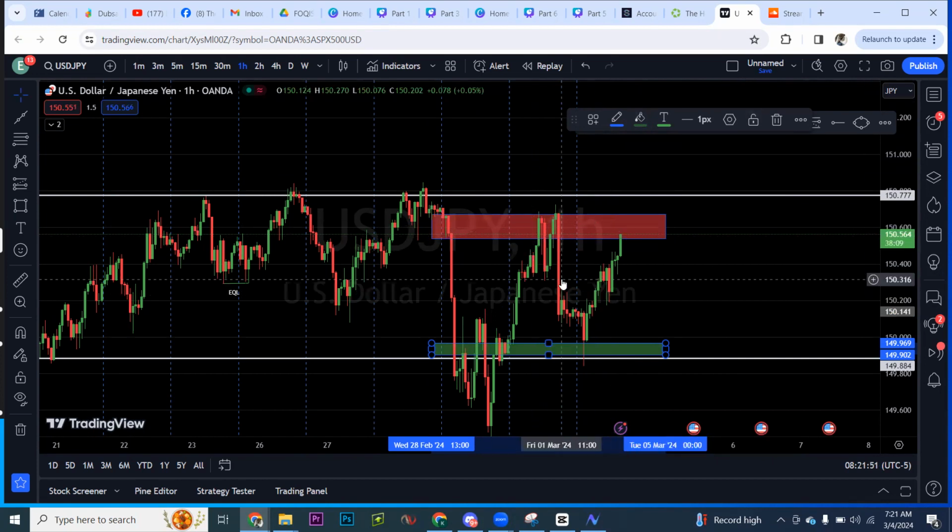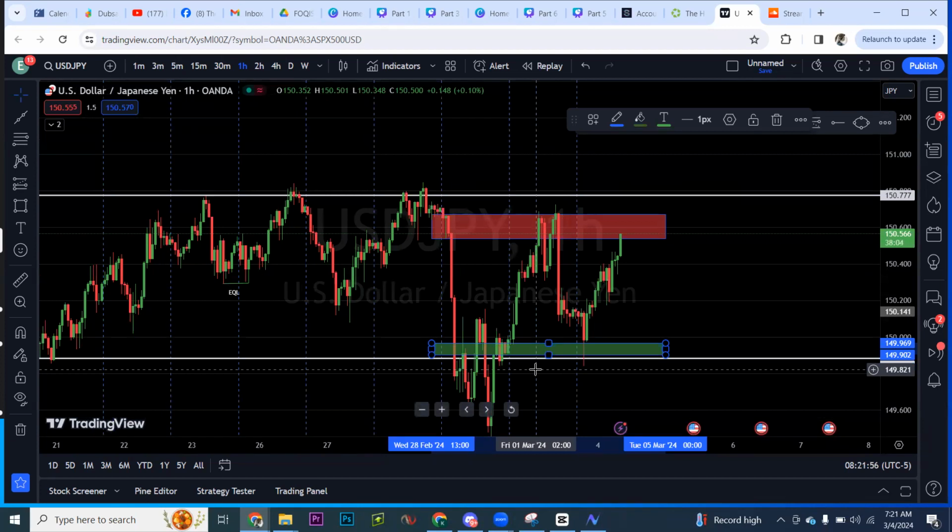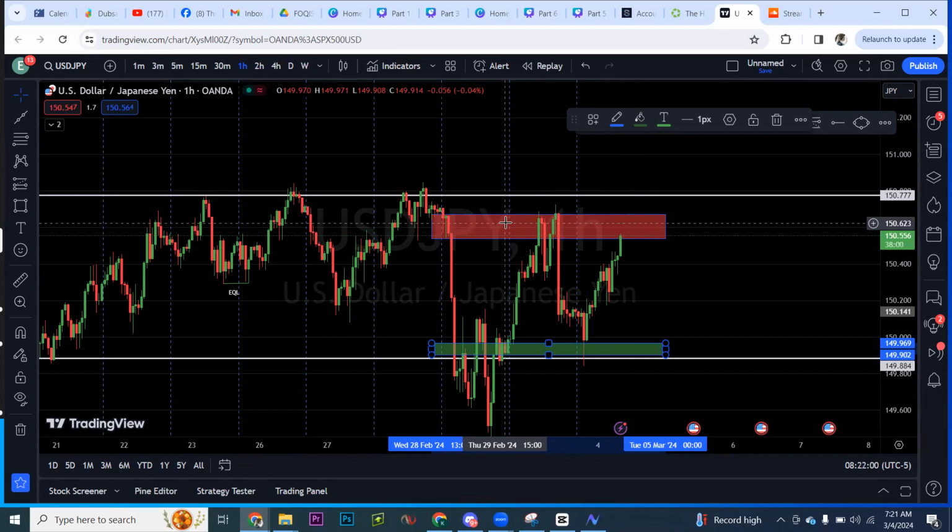Now our areas are marked, supply and demand. I want to go down to a lower time frame, 5 minute time frame. Since price is inside the supply, I need to see what price is doing on the closer to right now time frame to determine if the move that I want to happen is going to happen.